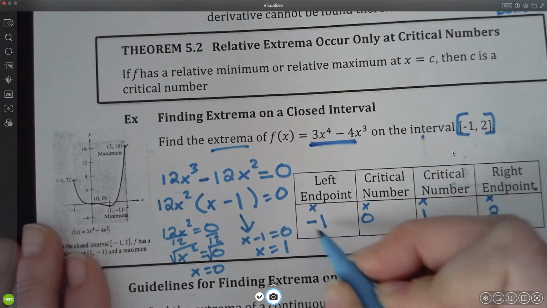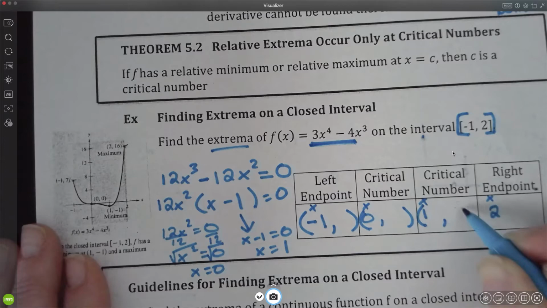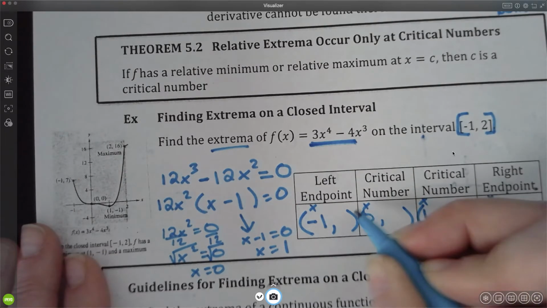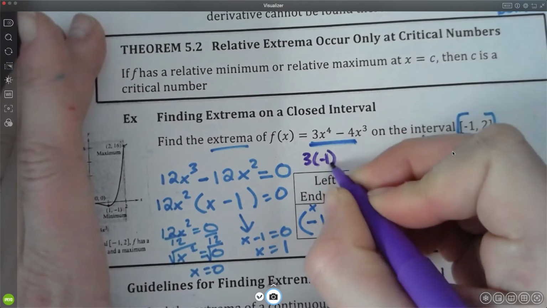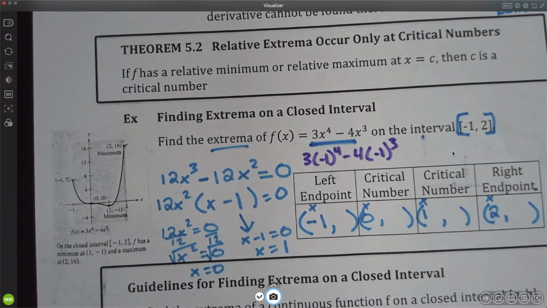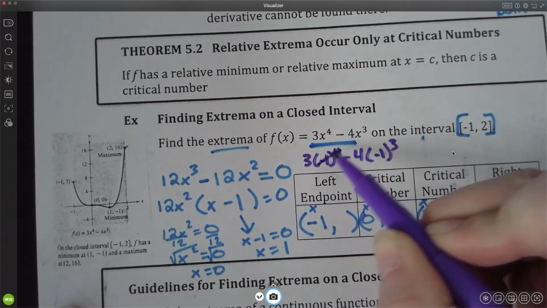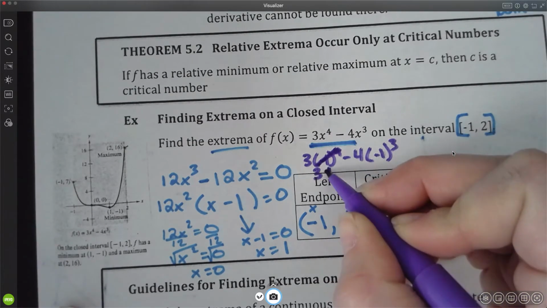But can I find the y coordinate that goes with that? And how would I do that? Plug it in where? In the original. I'm going to plug that into the original to give me where that point is going to be located. If I plug -1 into the original, this is 3 times -1 to the 4th minus 4 times -1 to the 3rd. -1 to the 4th becomes +1, so this is just 3, and that's going to stay negative, so 3 plus 4 is 7.